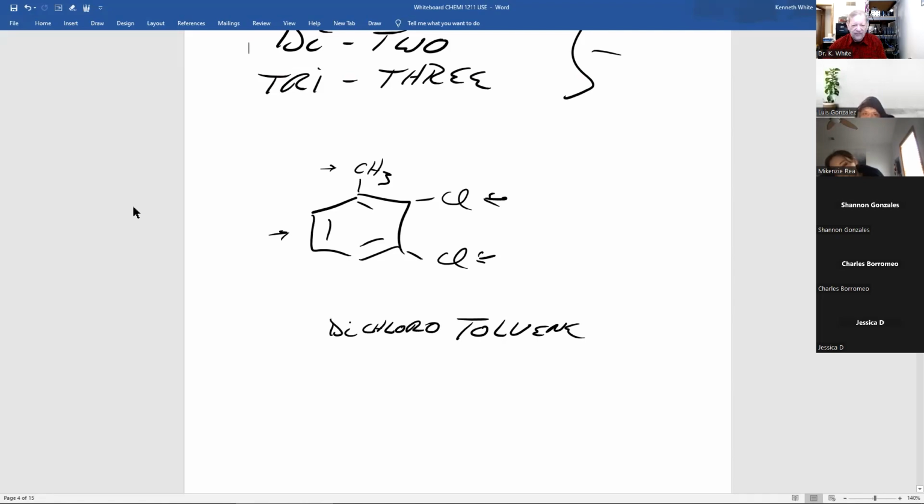And what? This is always going to be 1, the methyl group on toluene. Therefore, this is 2, this is 3. So it's 2,3 dichlorotoluene. Remember, NO2 group is nitro, F is fluoro, Br bromo, I is iodo.